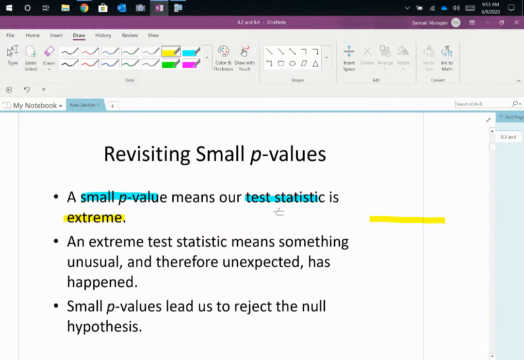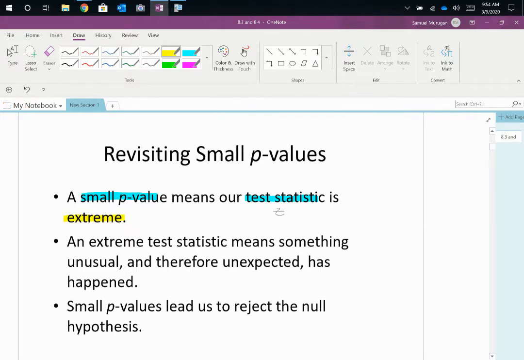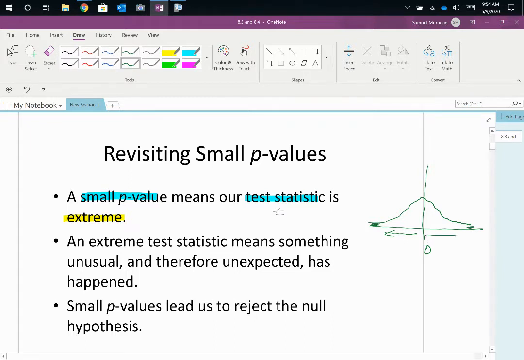Understand what that means in terms of the zero. If the zero is in the middle, the smaller the p-value is, the further away we are from zero, the more extreme that number is, the smaller the p-value would be.